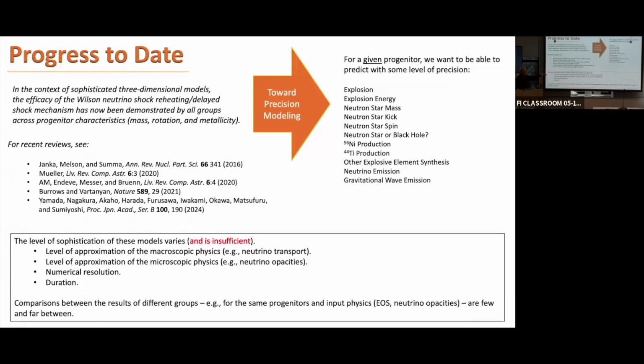The level of approximation in the macroscopic physics, for example, in neutrino transport, varies. The level of approximation in the microscopic physics, for example, in how many of the neutrino weak interactions are included, also varies. And mind you, the cost of a simulation is dictated by the weak interactions with the neutrinos. So the more you have in there and the more sophisticated the treatment of them, the more expensive the 3D simulation is.